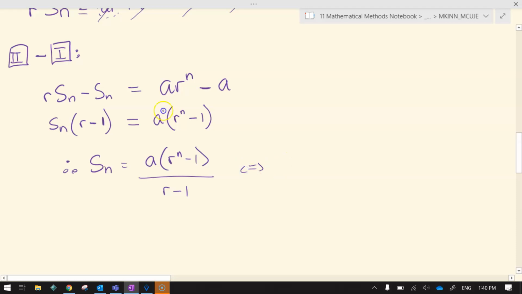T1. I could just as easily write that as the first term, the ratio to the power of n minus 1, divided by R take 1. And that's my expression for the sum of the first n terms of a geometric series or a geometric sequence.